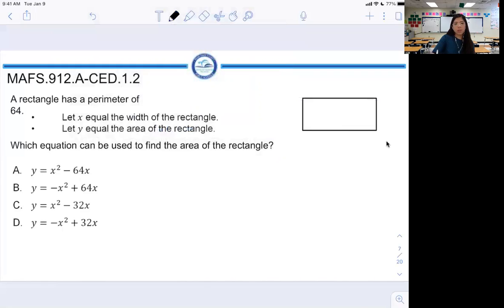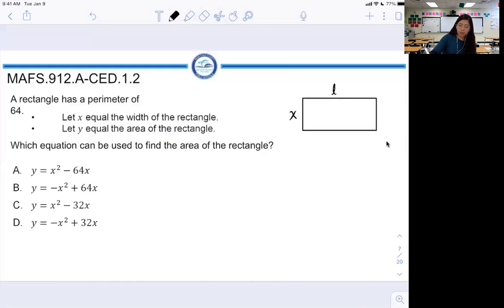All right. So x is the width. Okay, so that's my width. And we know that the perimeter is 64. For now, I'm just going to call this L for length. I don't know the length, I don't know the width, but I know that the perimeter is 64.